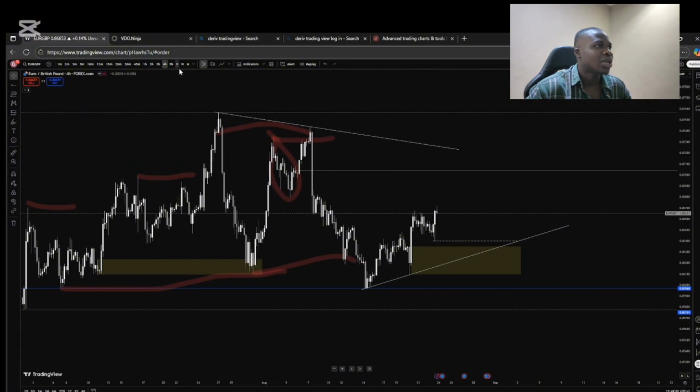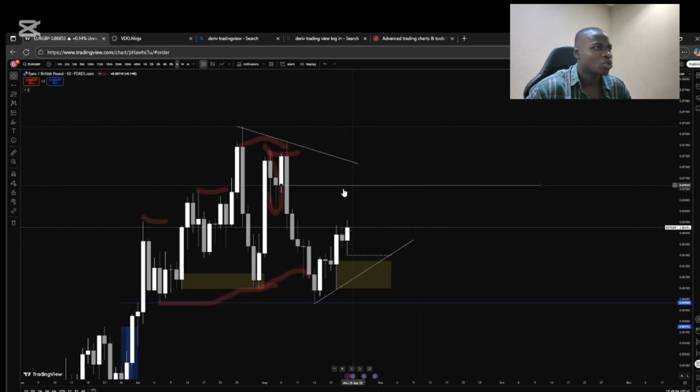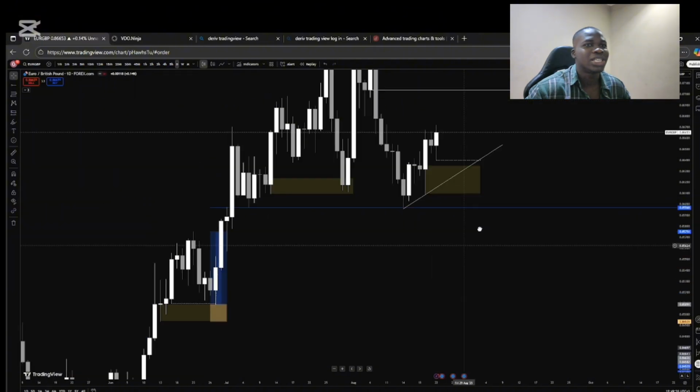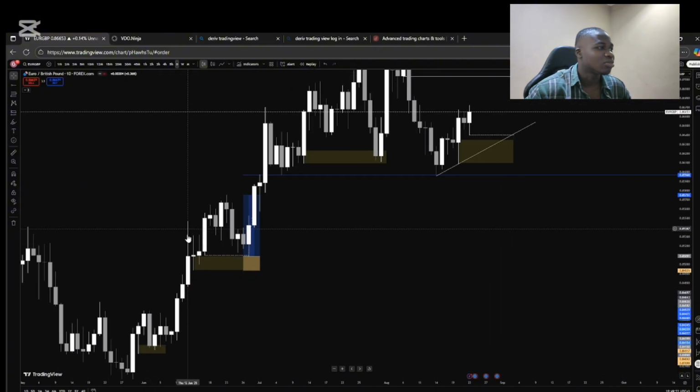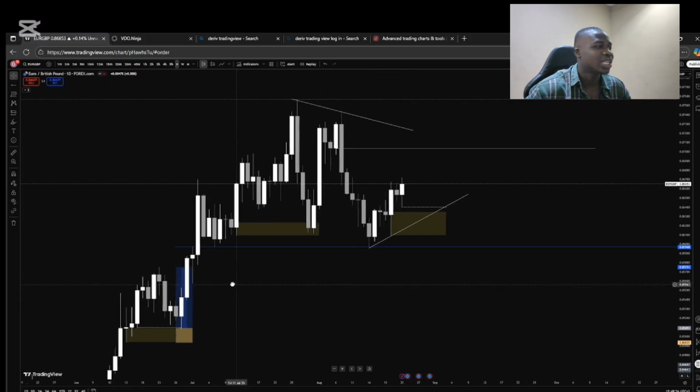So I marked out another POI on the daily, which is a daily order block. I'll be looking for price to come tap into it. After price taps into it, give me some sort of a market structure shift on the lower time frame. Then I'll be looking to sell Euro GBP. As you can see on Euro GBP, a lot of liquidity has been accumulated.